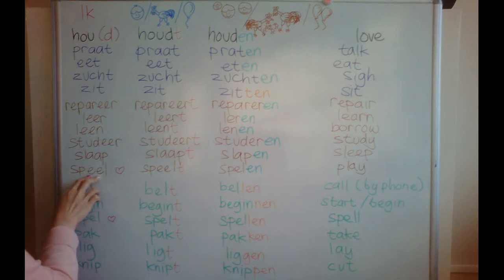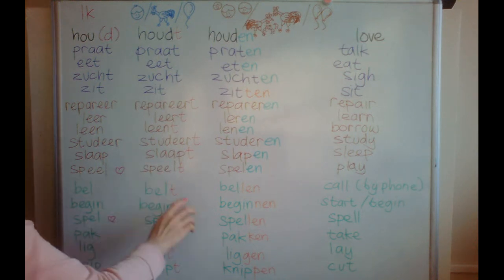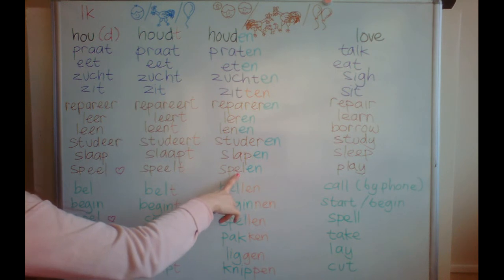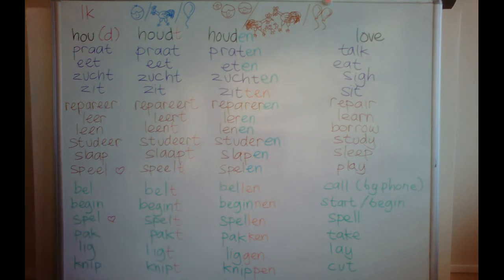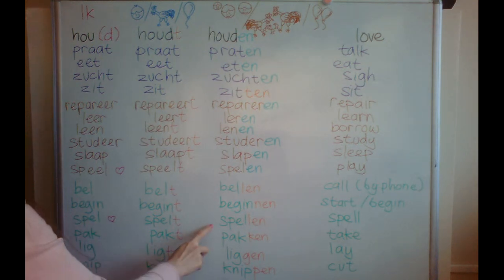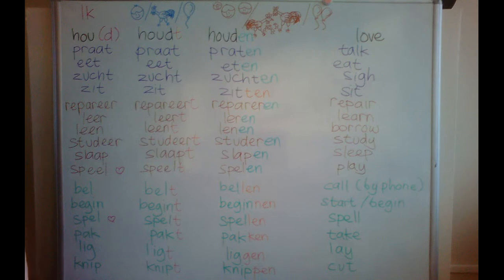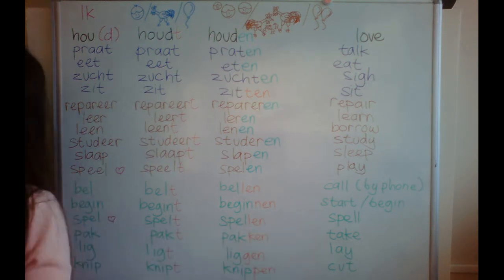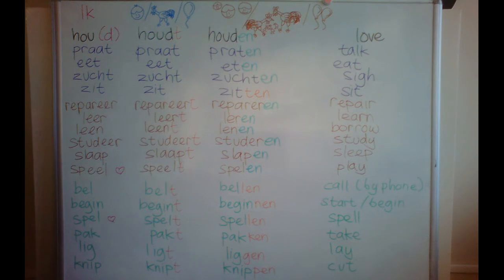Two vowels, one vowel. And this one, spell, spelt, spellen. Spell. A, B, C, D. One vowel, two consonants.